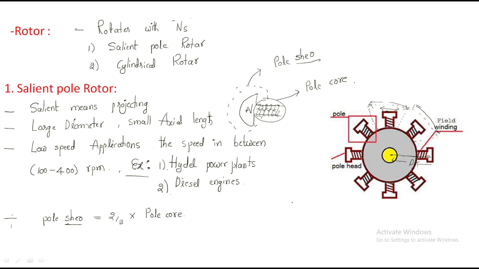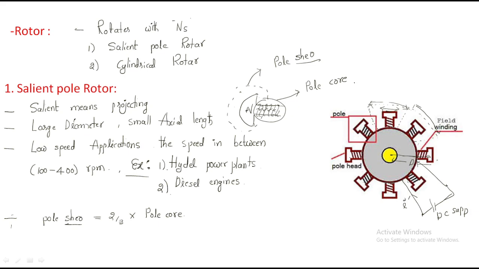This is about the salient pole rotor. So these are the windings. These windings are excited by the DC supply. Whenever DC supply is given, the DC current will flow into all the windings.